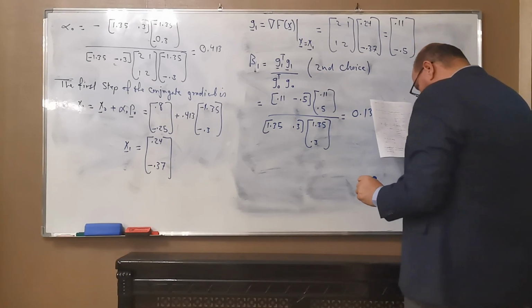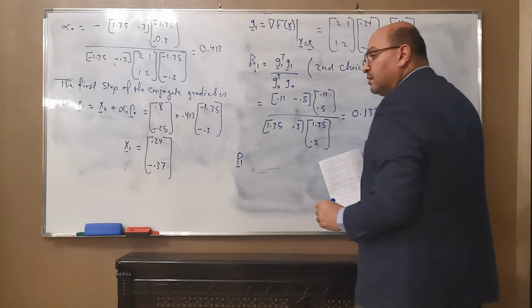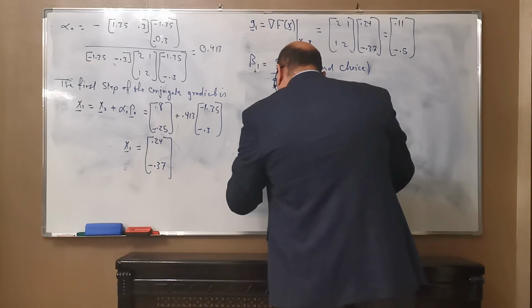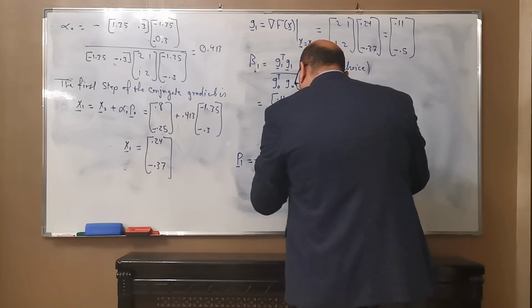So if we calculate this, we'll have 0.137, so our beta 1. So p1, the second conjugate direction, is equal to minus g1 plus beta 1 times p0.